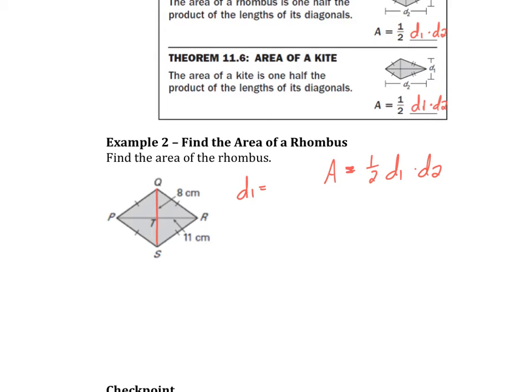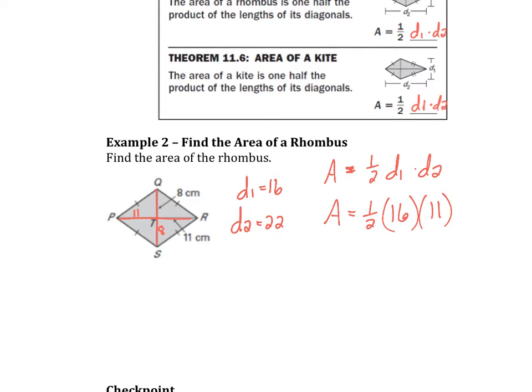So these diagonals cut each other in half because this is a parallelogram and they bisect each other. So that means each part is 8. So diagonal 1 is 16. Same thing for the horizontal diagonal. It gets cut in half, so each of these is 11. So that diagonal is 22. So the area of this rhombus is 1/2 times 16 times 22.